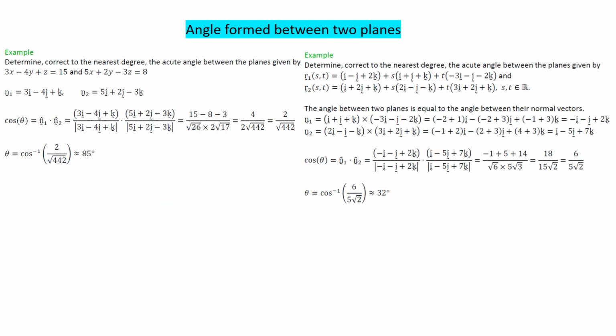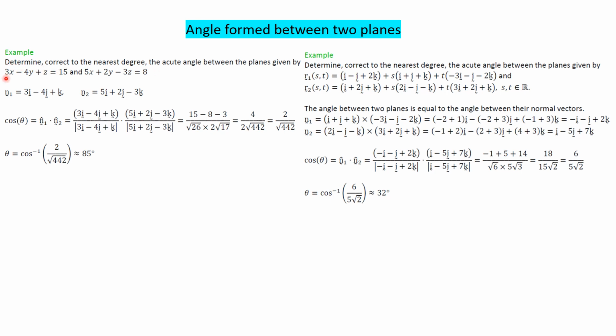Okay, the last thing I want to cover is the angle formed between two planes. If you think of it like this, if you draw the two normal vectors, the angle formed between these normal vectors would just be the angle formed between the two planes. So let's look at this equation here.